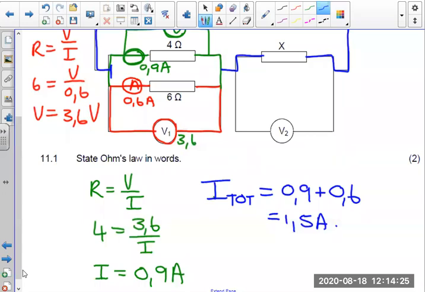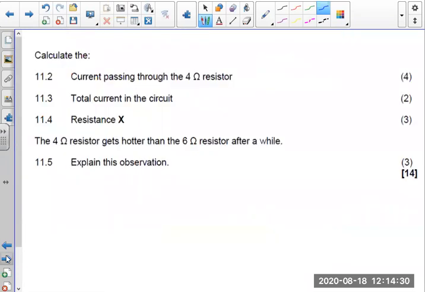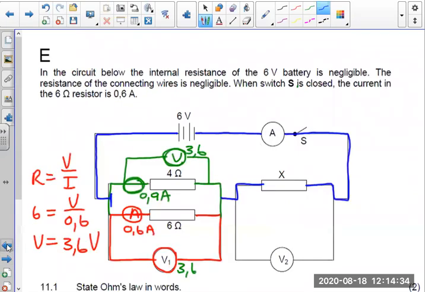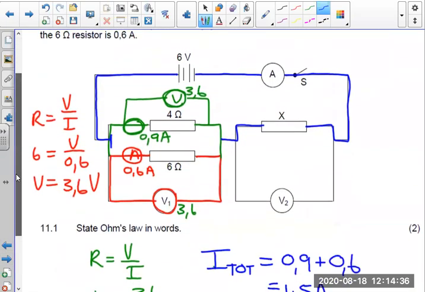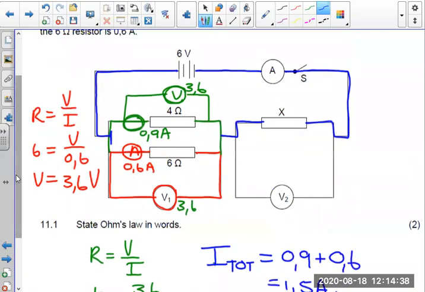Okay. The next question is 11.4. So let's look at 11.4, the resistor X. So they want us to determine this resistor R. Now the first thing that I need to remember is that the total voltage here at the top, the 6 volts, is the total maximum voltage.